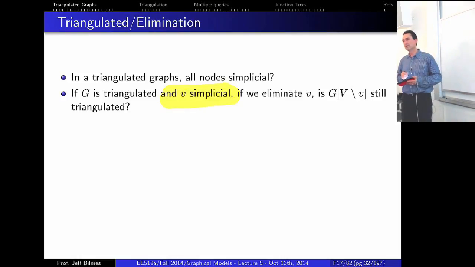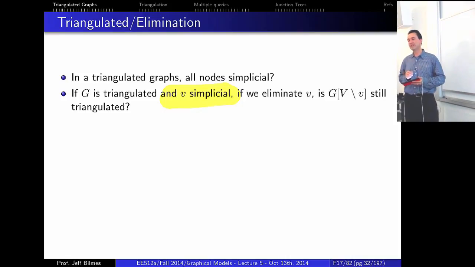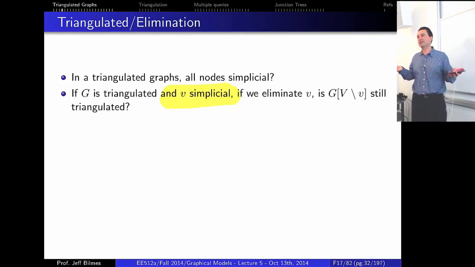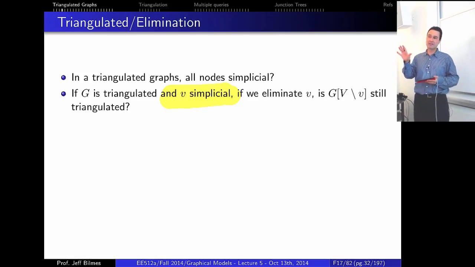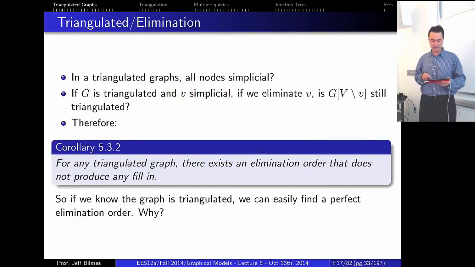If it's simplicial, that means that any cycle going through V necessarily must have a chord, because all of its neighbors, you have to get to V from its neighbors, right? And so all of its neighbors must have an edge. And so if you get rid of V and its incident edges, you haven't created any new cycles, you've only removed cycles. And so the residual graph without V and its incident edges can't have a chordless cycle.